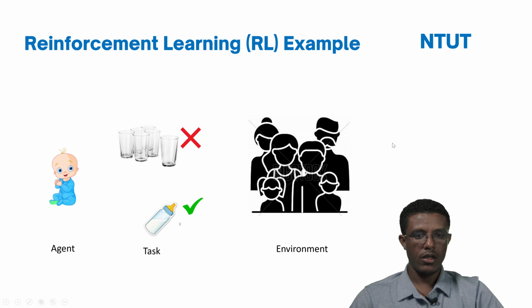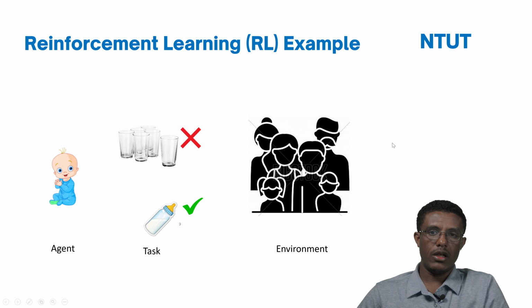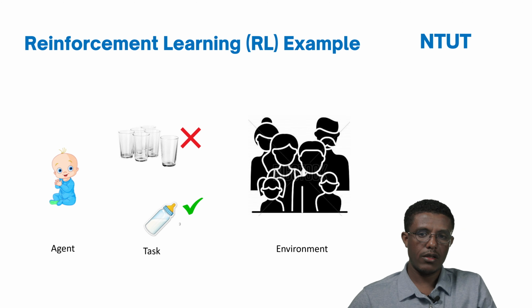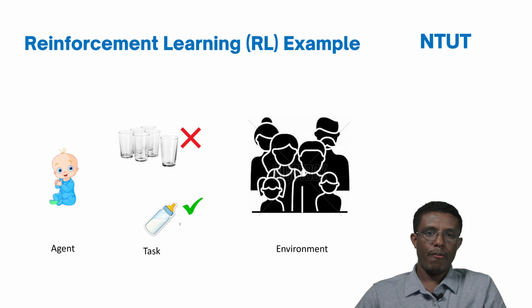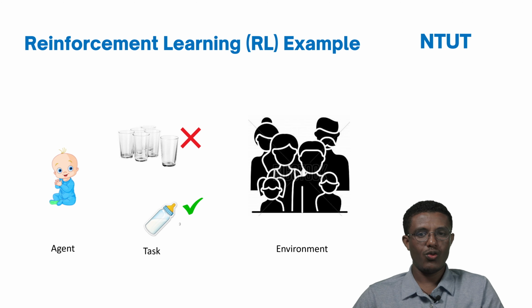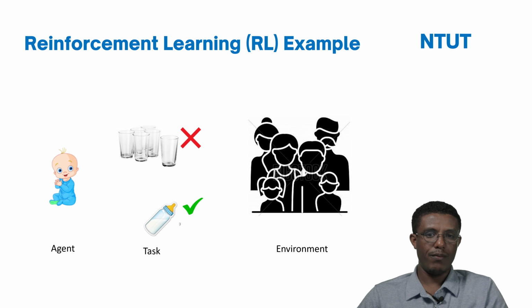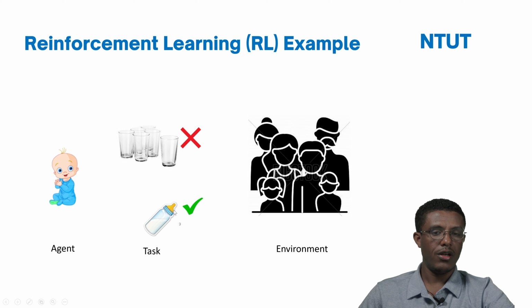Here is an example of reinforcement learning. The agent is the baby and the environment is the mother. The mother shows different tasks. For example, this one is the milk, or this one is the glass. If the baby gets this one, that means a reward.